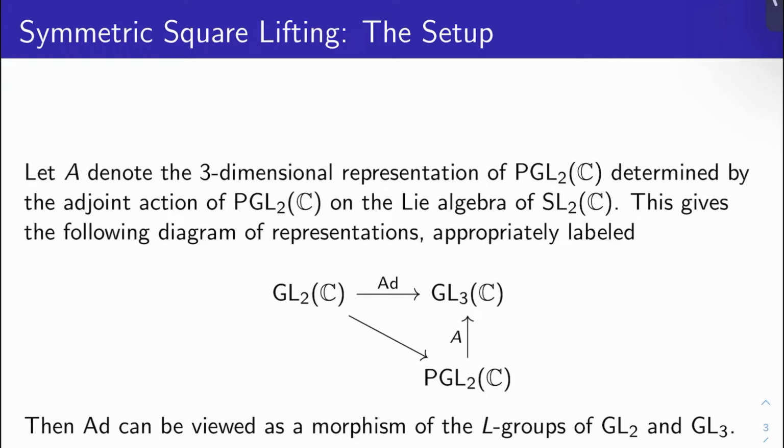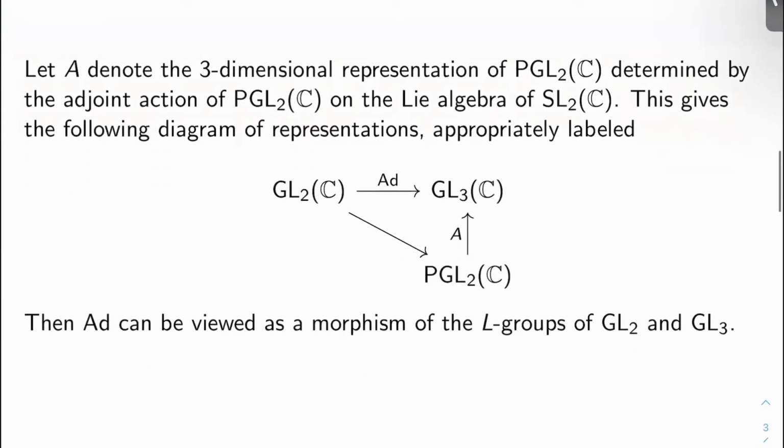If you know your Lie theory, if you're comfortable with the previous slide, and if you do a little bit of digging into various Lie algebras and various Lie groups and which Lie algebras they have, and so on and so forth, you end up with the following diagram of representations. You have an Ad map from GL2 of C to GL3 of C. Then you have A, the map that I'm talking about on this slide, and then you commute the diagram with the natural map from GL2 of C to PGL2 of C, just the mod by scalars map.